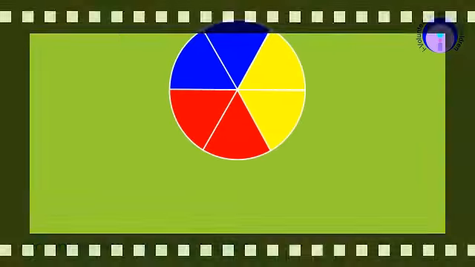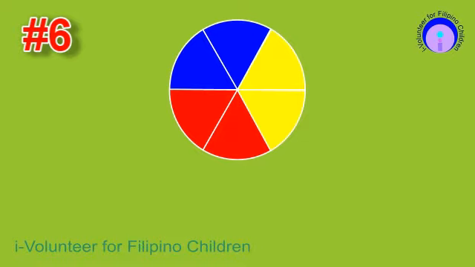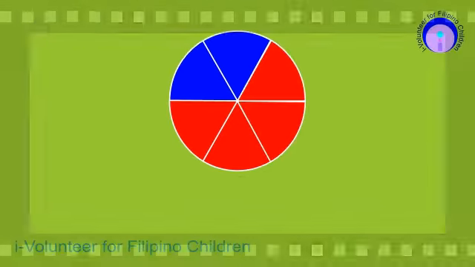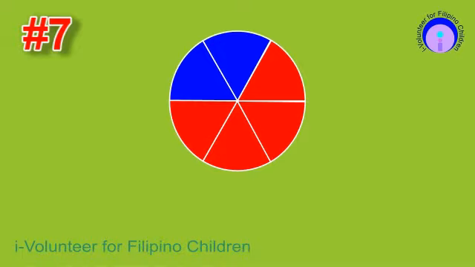Number 6. Write the fraction in words on the number of reds. The answer is. Number 7. Write the fraction in words on the number of reds.